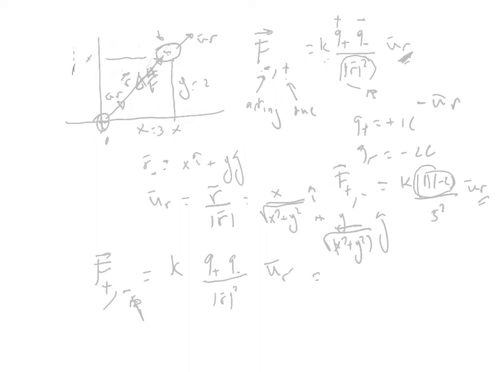This is u sub r prime. So the force is negative u sub r prime. So if u sub r prime goes in this direction, negative u sub r prime will go in this direction. So the force will go in this direction.